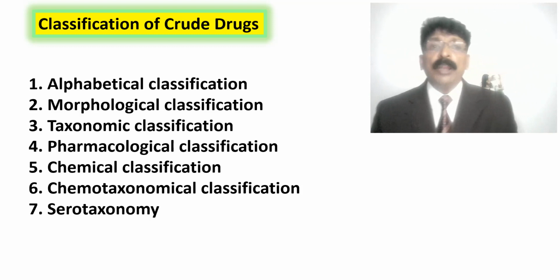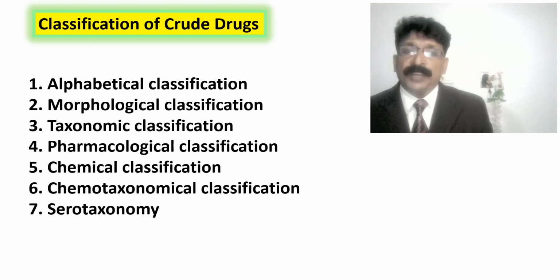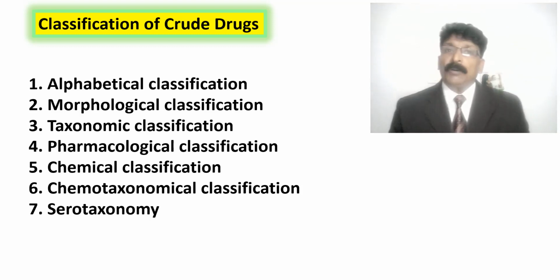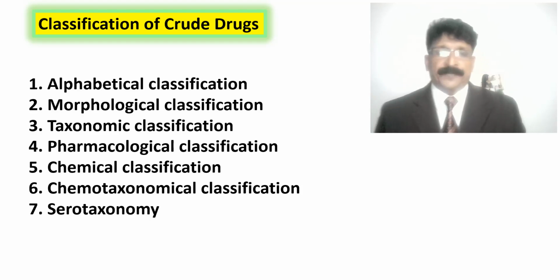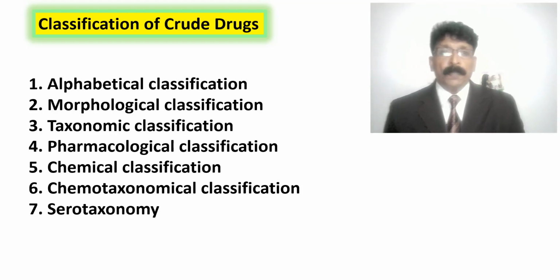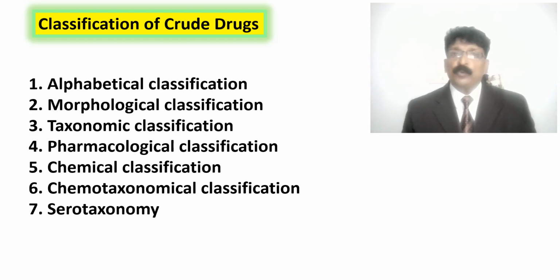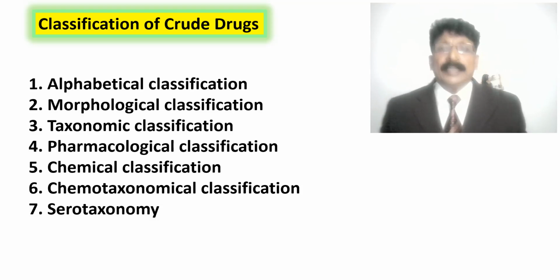These all 7 classifications are what we are going to discuss according to the syllabus. So it's needed for you to refer to other sources also apart from my lecture.